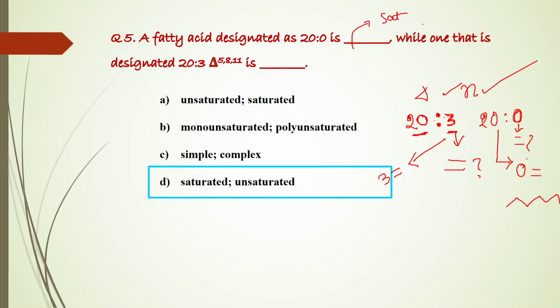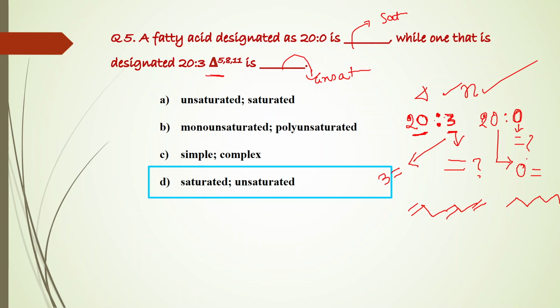But the second one, that is 23, where we have 3 double bonds, that means there will be 3 double bonds attached in some manner. I am just attaching them randomly here. So there is unsaturation in the chain. So this particular one should be unsaturated. And what does this delta 5, 8, 11 mean?